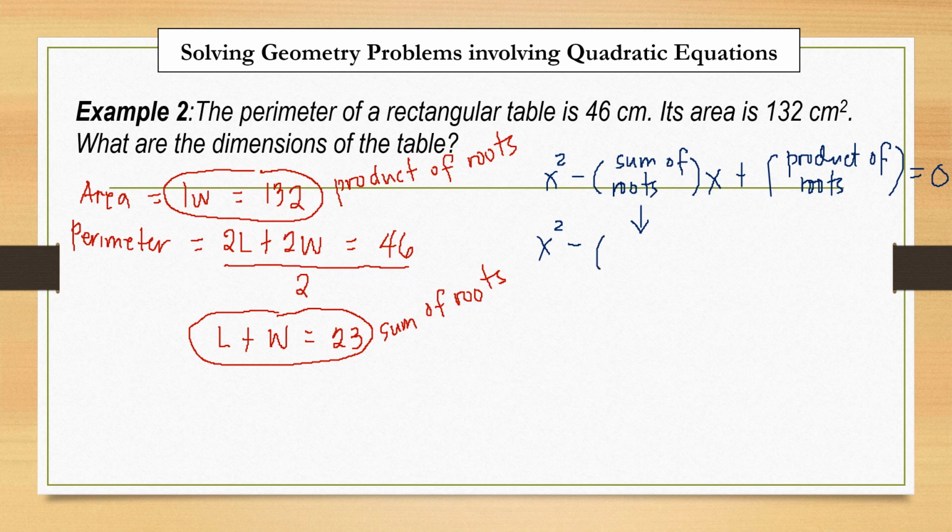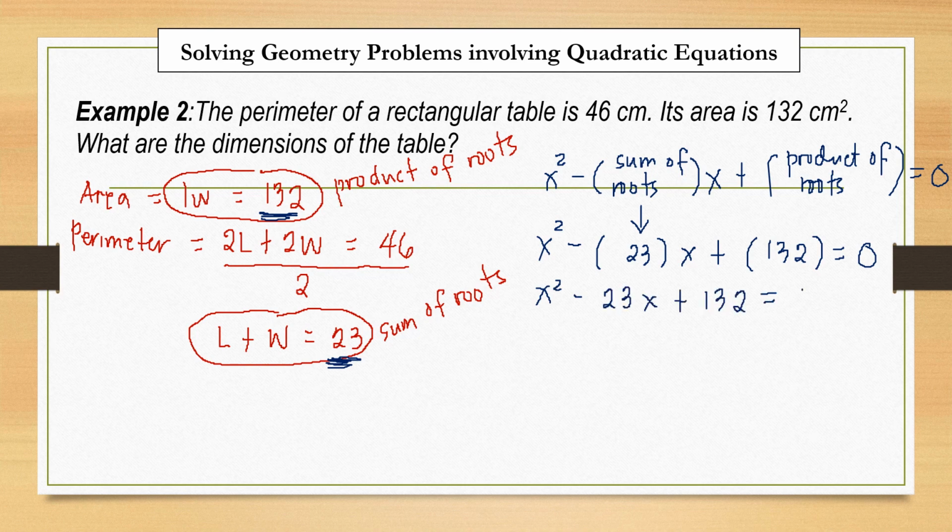So if we substitute these values in the given formula, we have x squared minus the sum of the roots, 23, plus the product of the roots, which is 132. Let us remove the grouping symbol. So we have x squared minus 23x plus 132 is equal to 0.